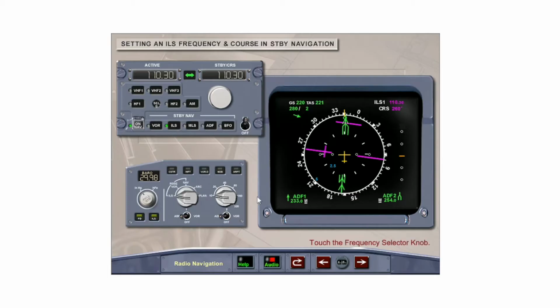Verify the green monitor light on the ILS key illuminates, and note the last ILS frequency selected is displayed in both frequency display windows. The nav display, if selected to Rose ILS, will display the last tuned ILS and course. Touch the frequency selector knob to tune the new ILS frequency of 111.5, which is displayed in the standby course window.